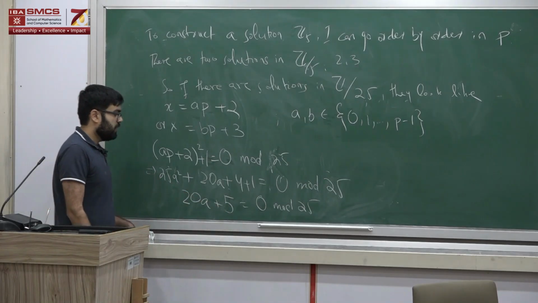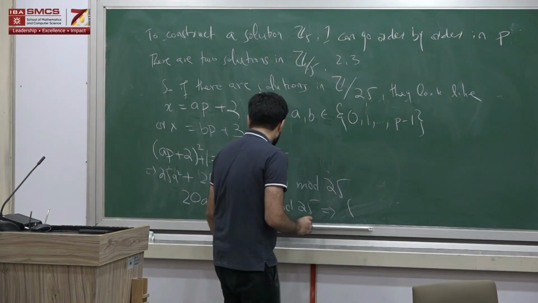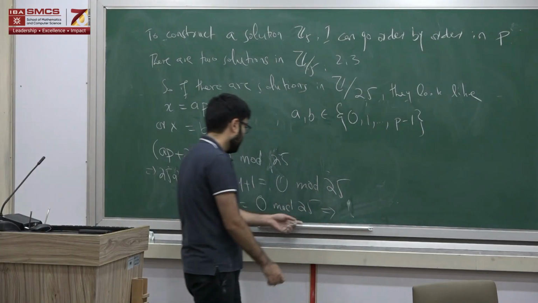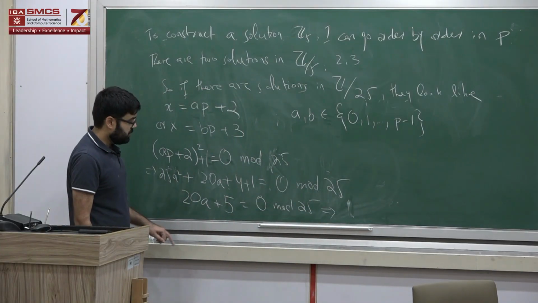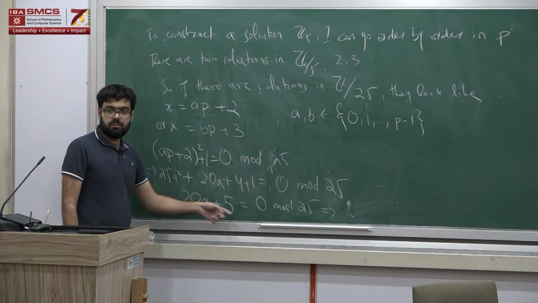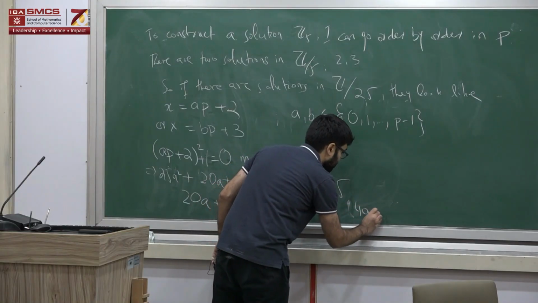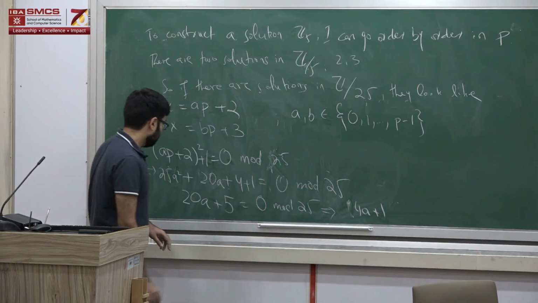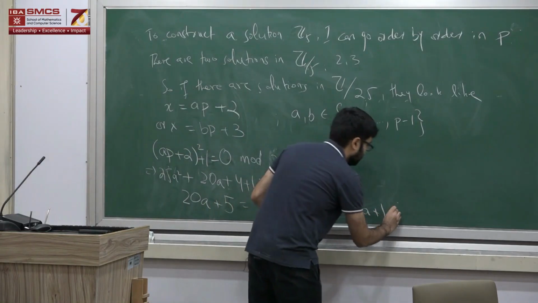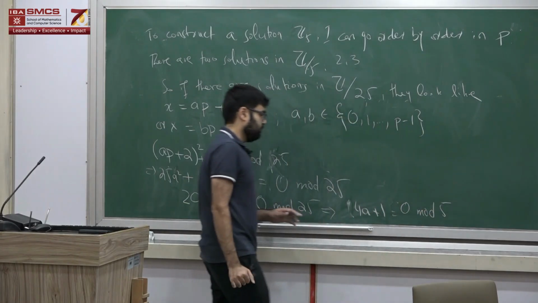So I can factor out this 5, and a solution to this equation is the same thing if I divide both by 5, which I can do because they are both multiples of 5. This is 4a plus 1 is equal to 0 mod 5.